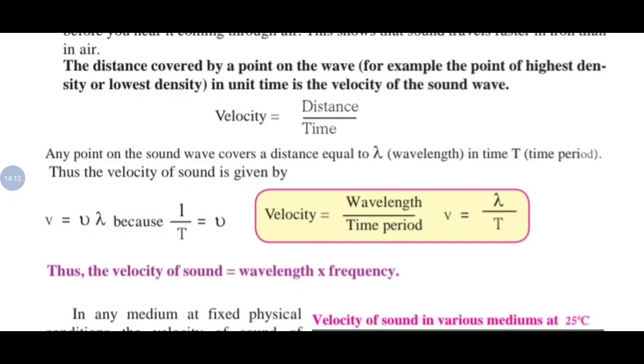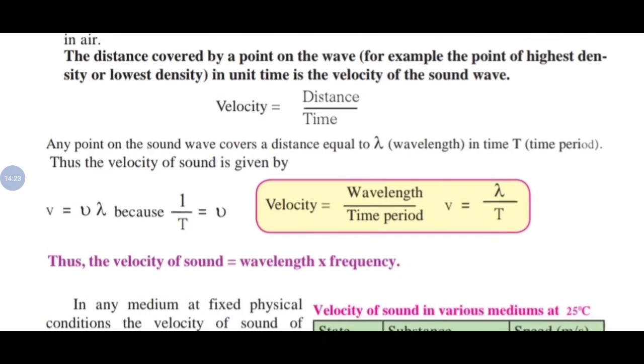So instead of distance, in the formula we write wavelength, and instead of time we write capital T, the time period. So our formula of velocity of sound is equal to wavelength upon time period.